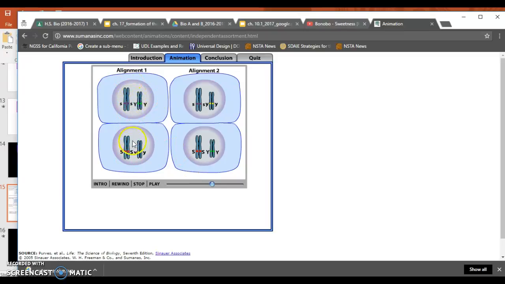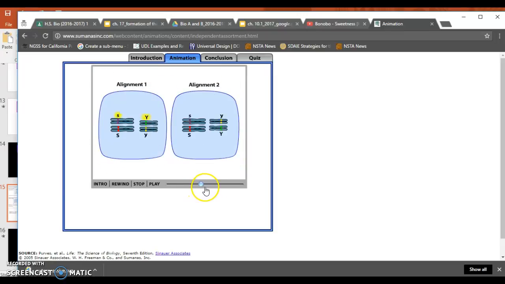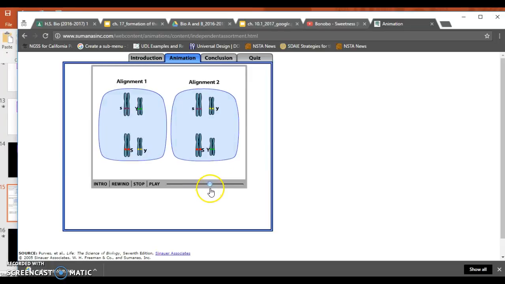Now there's 2 cells where there once was 1. Again, I'm ignoring alignment 2. I'm only looking at alignment 1. And the original cell divided in 2, and you can see there's only 2 here when there used to be 4. So the original cell had 4, and then it divided, and they got separated. You had these things come out and grab them. These are all things you can observe and discuss.